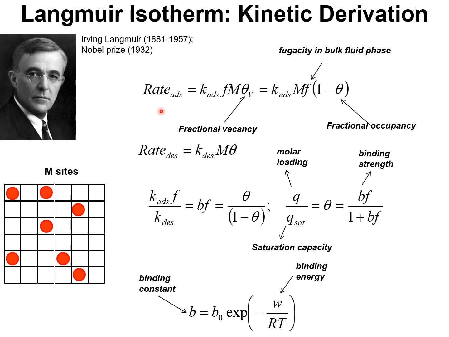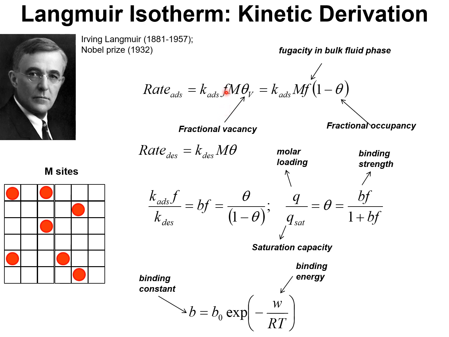The rate of adsorption is proportional to the number of vacant sites, m times theta v, times the fugacity of the gas component in the gas phase, indicated by F.